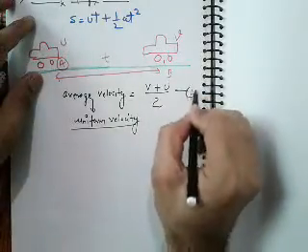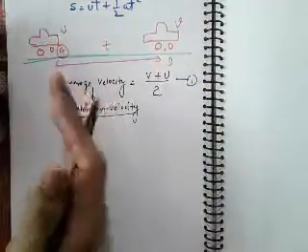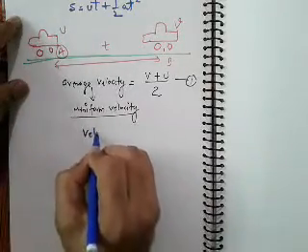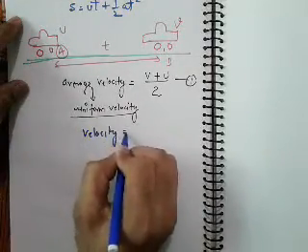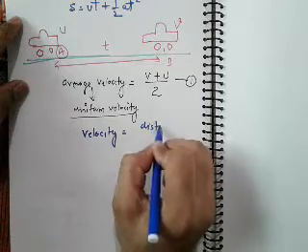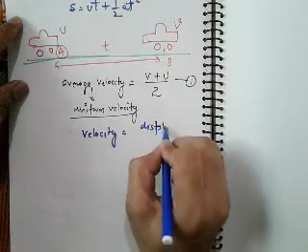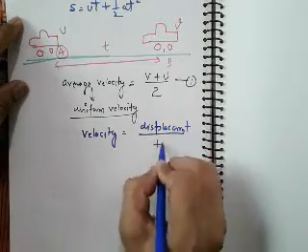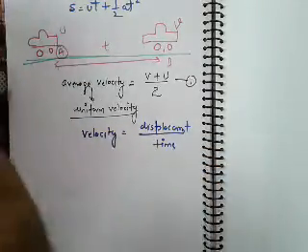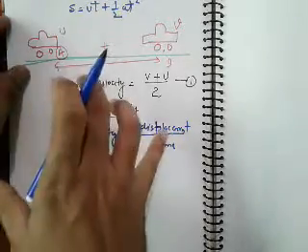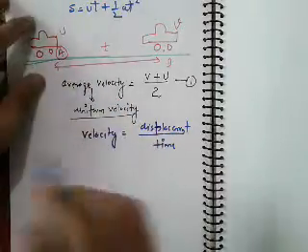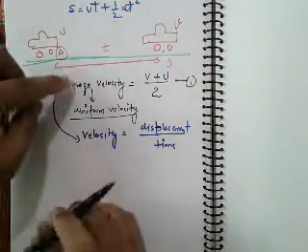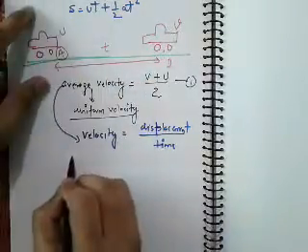Mention it as equation number 1, and again apply the formula of velocity, which is velocity equals total displacement upon time taken by the body. So velocity here is average velocity.